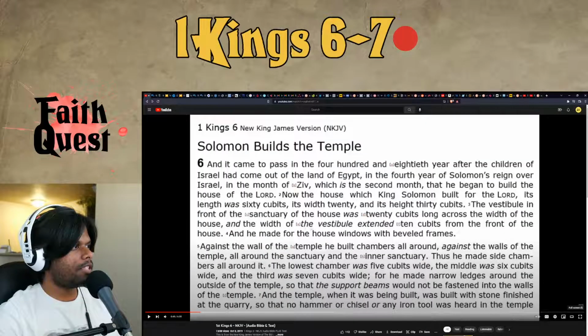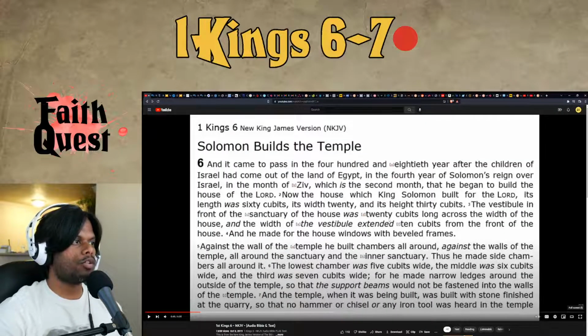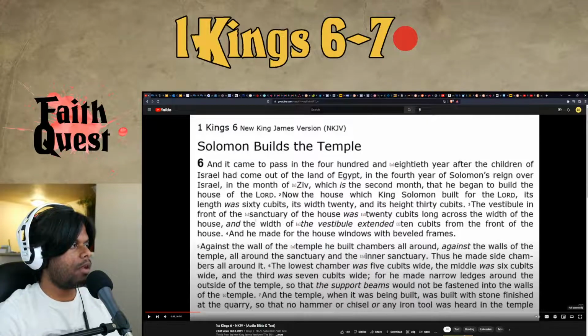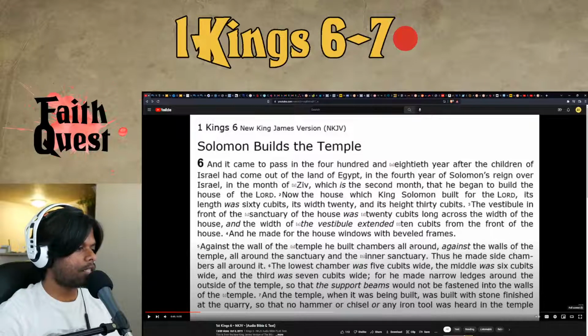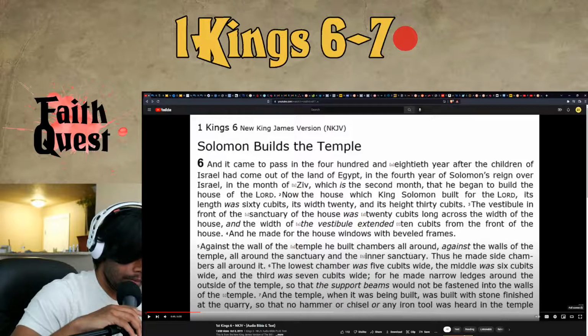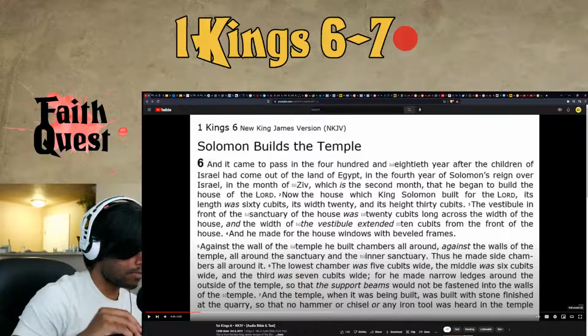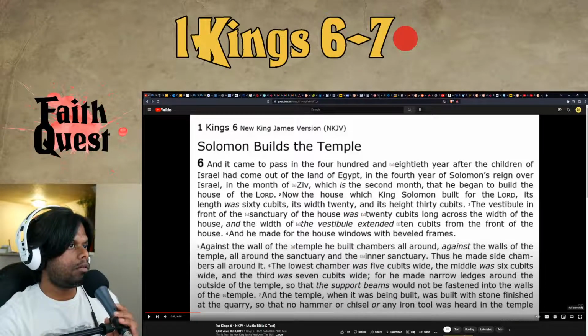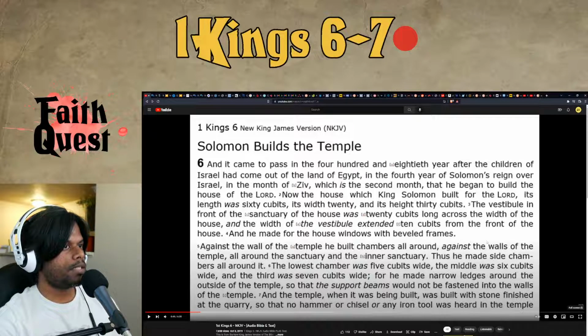The vestibule in front of the sanctuary of the house was 20 cubits long across the width of the house. What does across the width of the house mean? And the width of the vestibule extends 10 cubits from the front of the house.